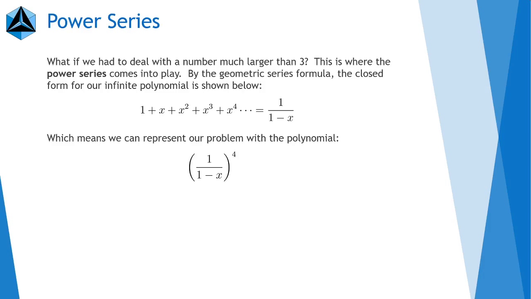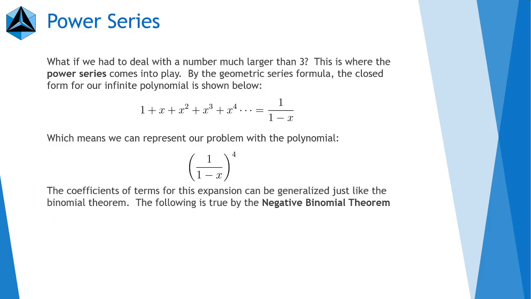This is much simpler, but there are powers of x in the denominator, and that's hard to calculate. But there is a negative binomial theorem, an extension of the binomial theorem to negative exponents, since this can be written as 1 minus x to the negative fourth.